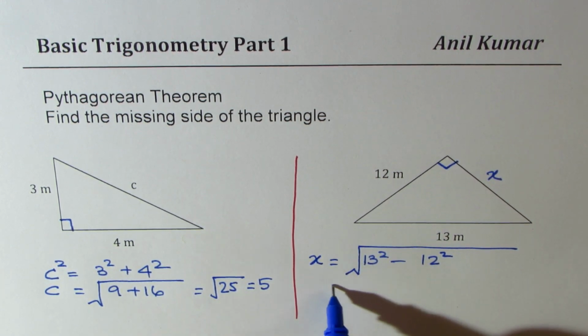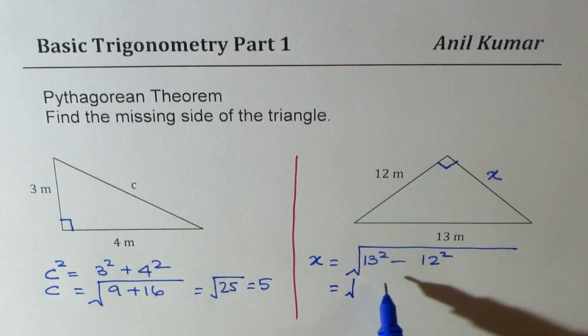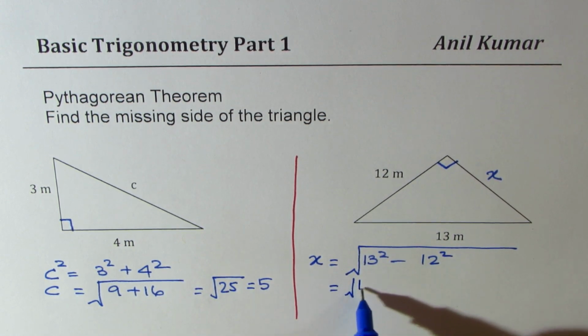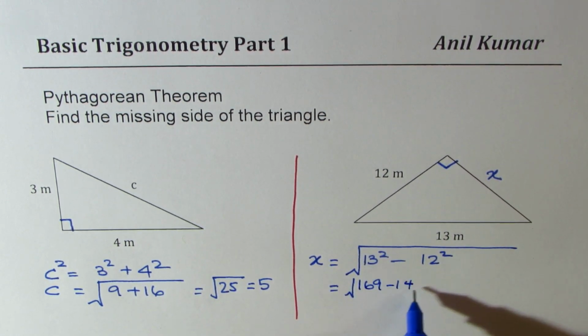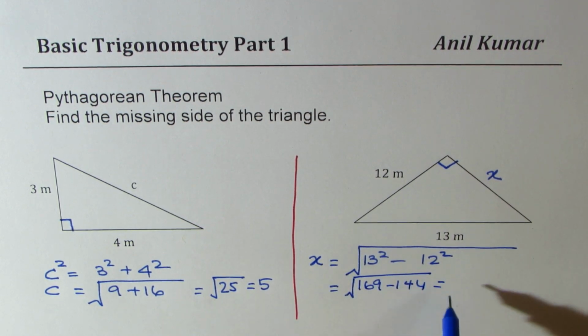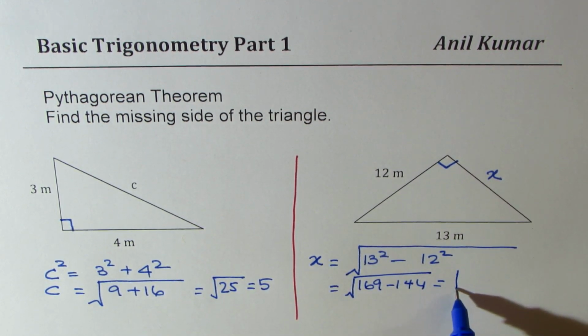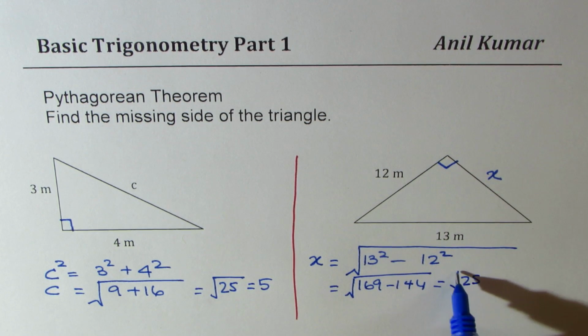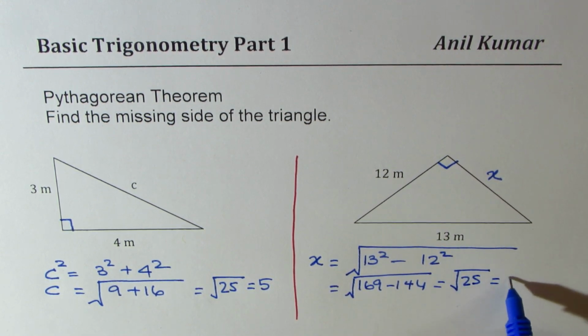This is much better and faster. So this is 169 minus 144. I've taken very simple examples to illustrate the process rather than get involved in calculations. So we get x equals 5 in this particular case. With that, we have done the review, and now let's begin with trigonometry.